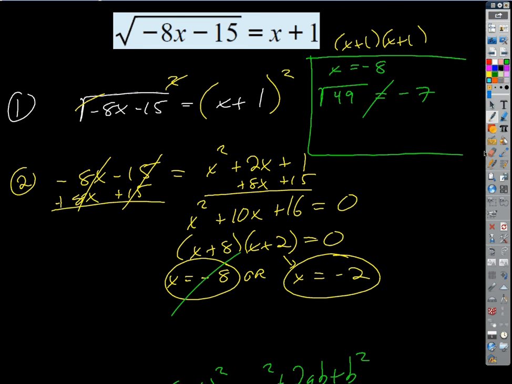What if we try x equals negative 2? If I plug that in, I'm going to get the square root. What's negative 8 times negative 2? 16 minus 15. So square root of 1, is that equal to negative 2 plus 1, which is negative 1?